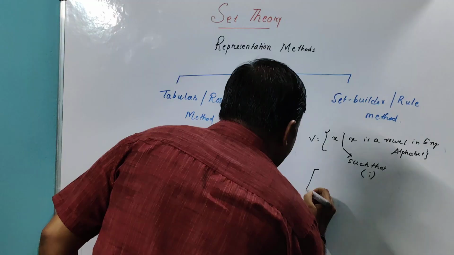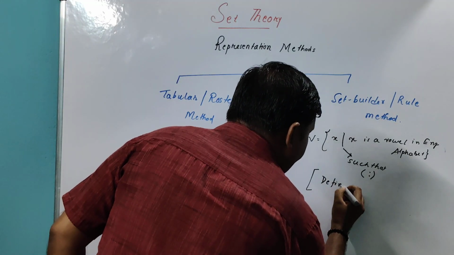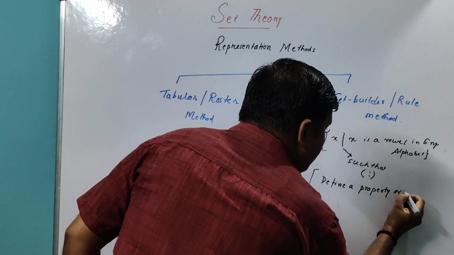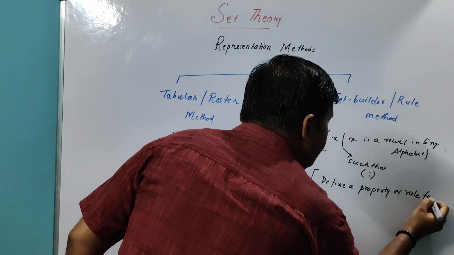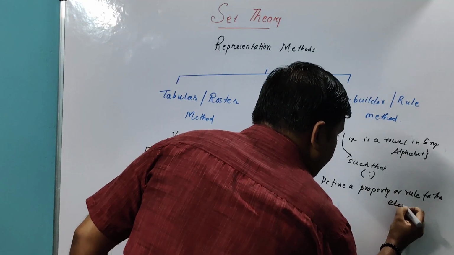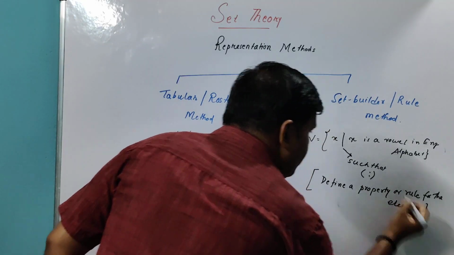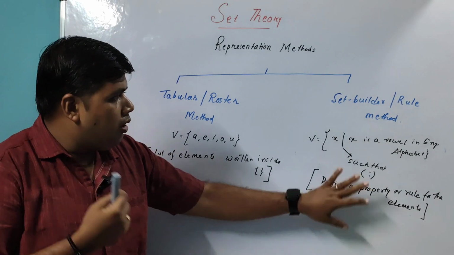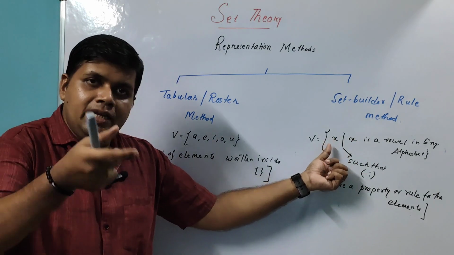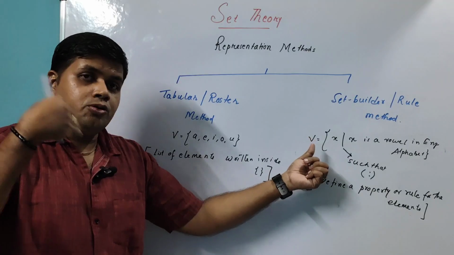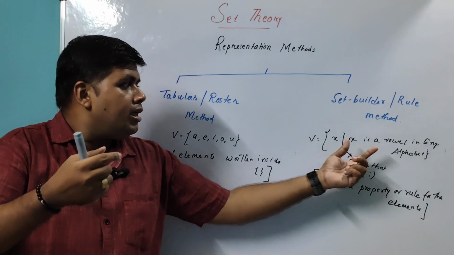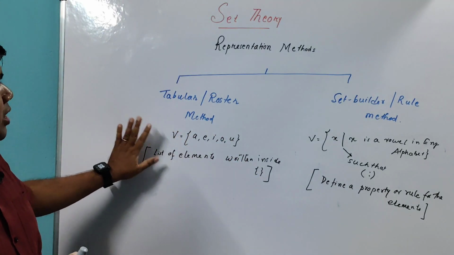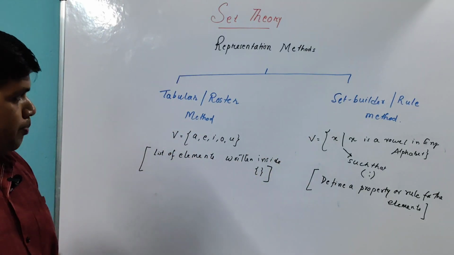Here we define a property or rule for the elements. In other words, all the elements follow that particular property or rule. So here x is any element of V, and the rule it follows is that it should be a vowel in the English alphabet. That is the basic difference between the tabular and the set builder method.